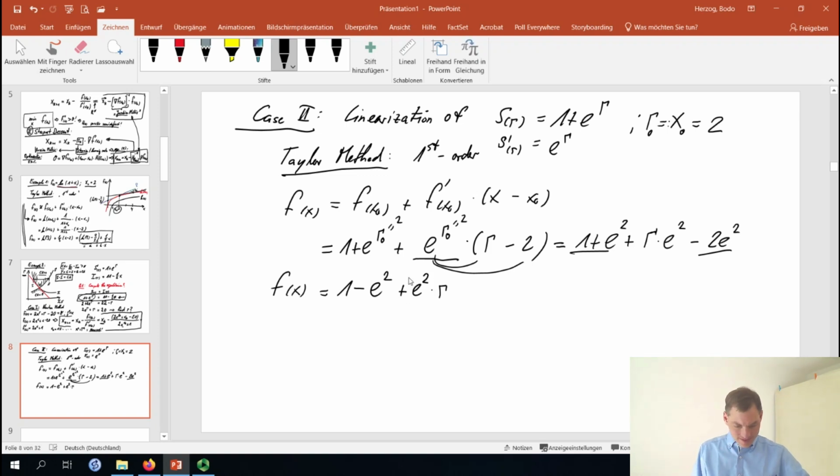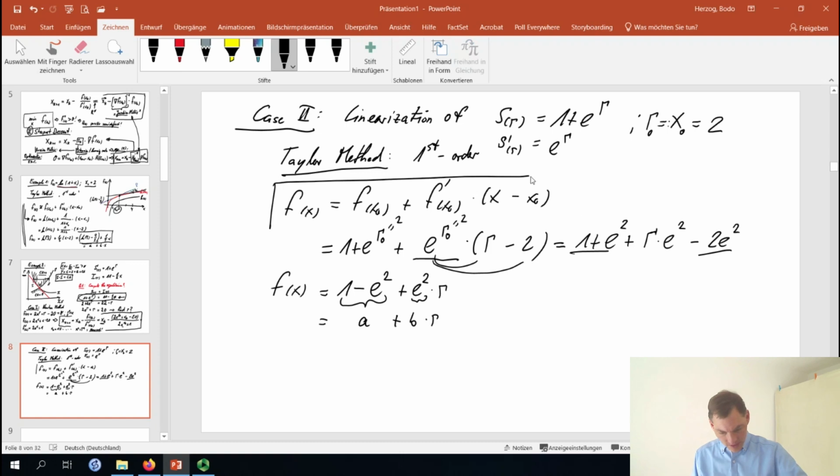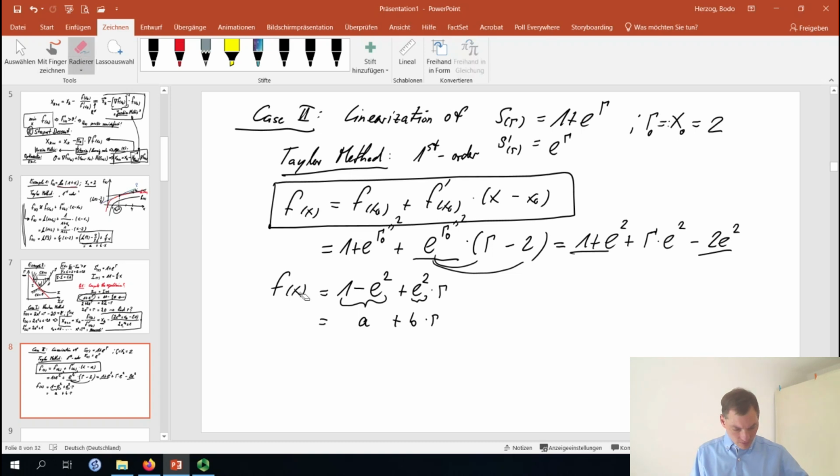Look, this is again like a line where this is my a, my intercept. The slope is e squared times r. I came here from the Taylor rule, which is written in x, but here my x, of course, is r. So I should better use the r immediately, because here we have a function of r. And you see, it's a line now. Okay, we got it.